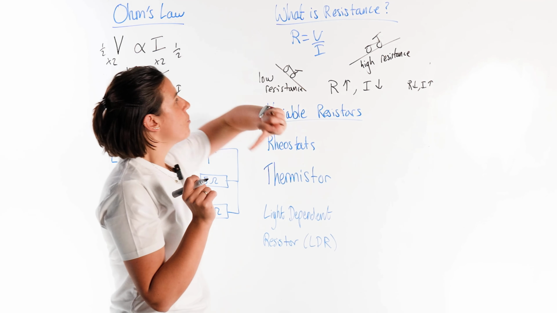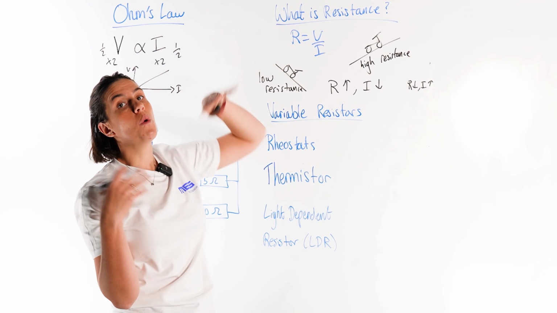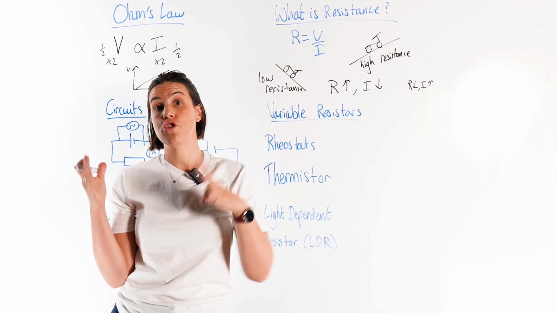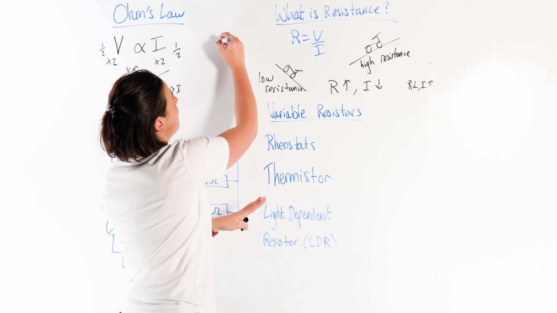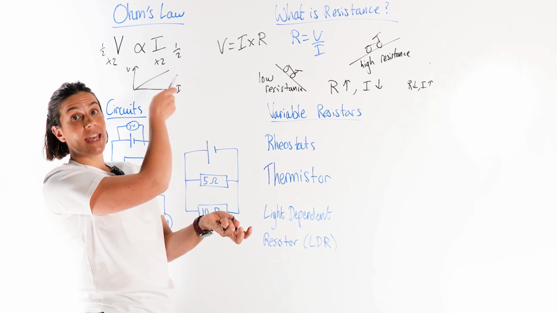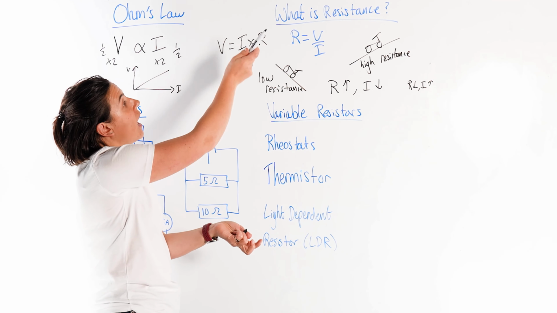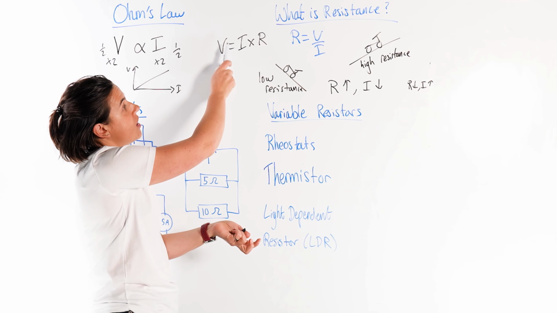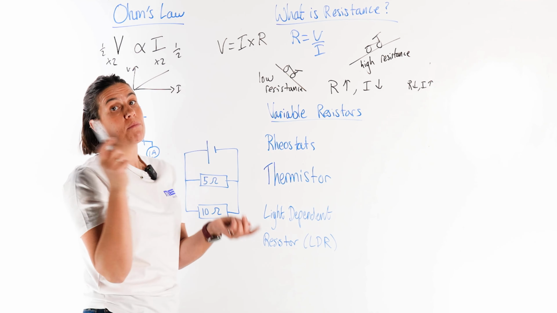Now, if we rearrange this equation, we're going to get it in the form you get given on your equation sheet, which is V, potential difference, is equal to the current multiplied by the resistance. So this brings us back to Ohm's law again. The current and the potential difference are directly proportional to each other.